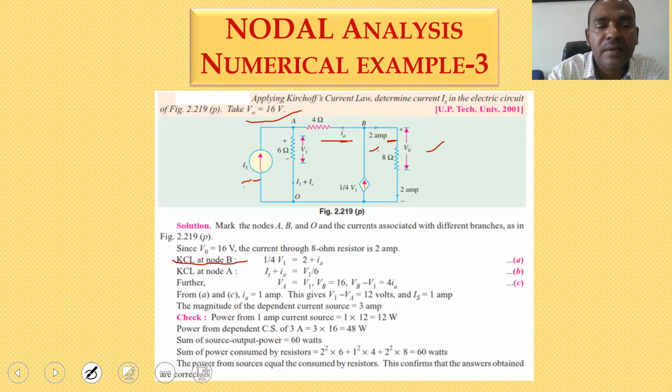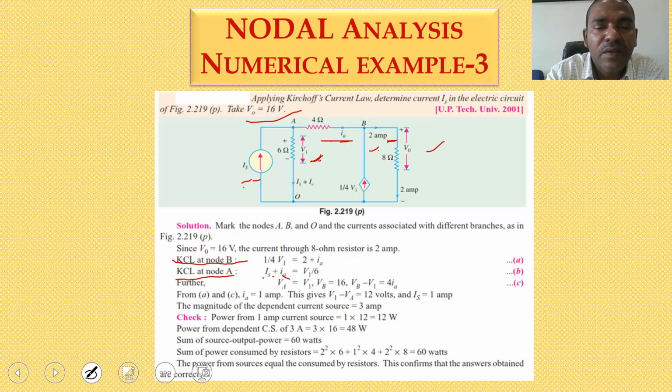Then I am going for the nodal analysis at node A. Here Is is entering, Ia is entering. So Is plus Ia is equal to the current at this node, V1 by 6. So now VA is V1.